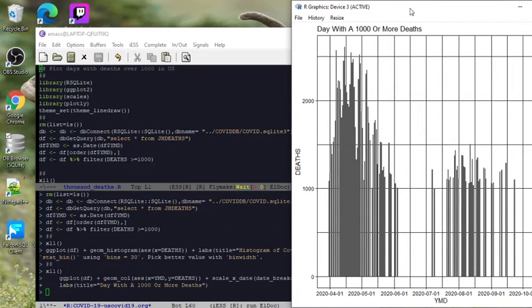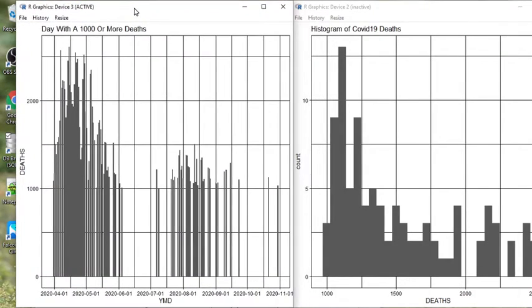Okay, so now we have our two plots. The one on the left is the days where there were 1,000 or more deaths. Look how many times this occurred between April and June. But look what happened here.